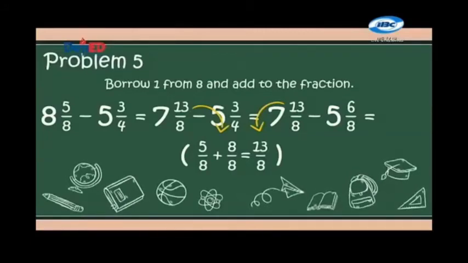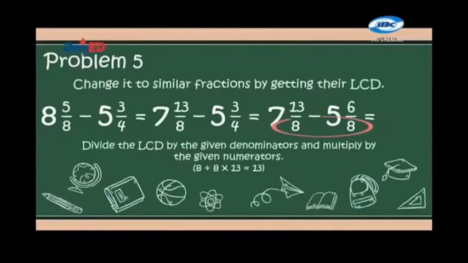Since they are dissimilar fractions, change it to similar by getting their least common denominator or LCD. 8 is the LCD of 8 and 4.